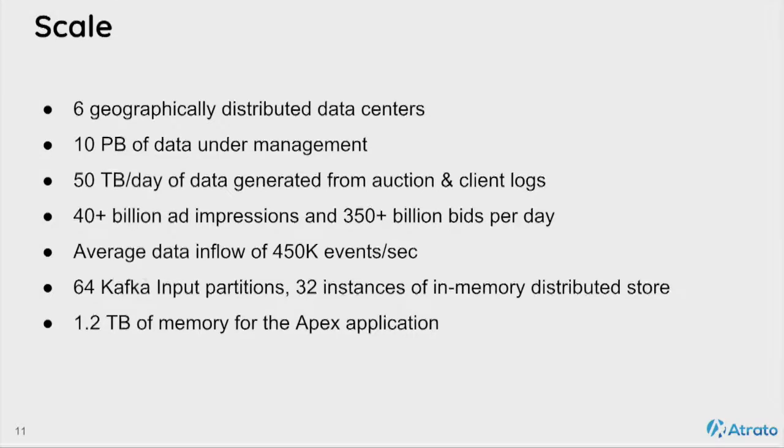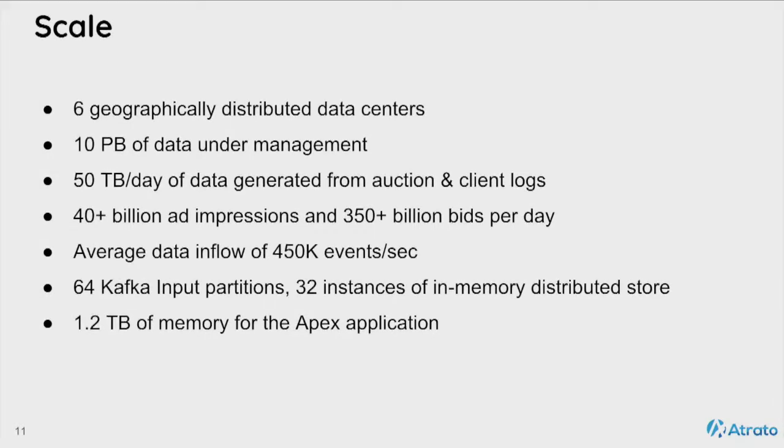So, scale: 6 geographically distributed data centers, and then all the different systems that they have. They have around 10 petabytes of data under management, and they take in 50 terabytes of data that comes from the auction and client logs per day. 40 billion ad impressions and 350 billion bids per day.